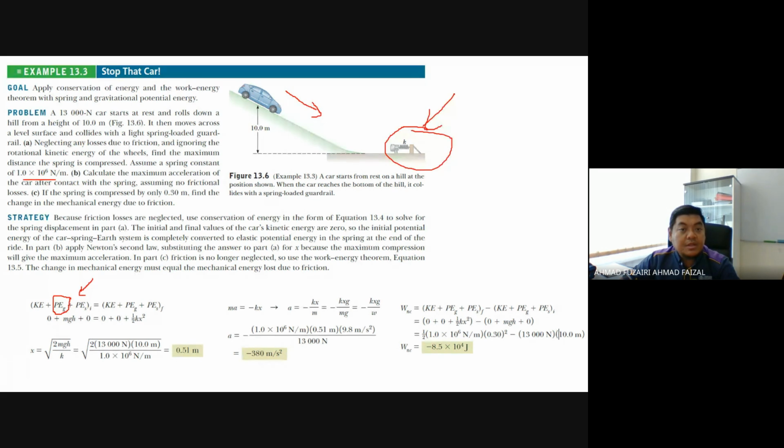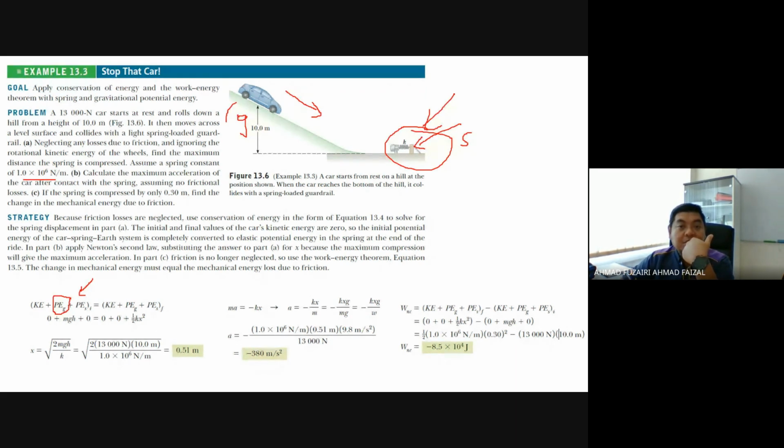So this is the potential energy from gravity, the gravitational potential energy. But here we have a spring. That means the kinetic energy, the outcome, started from the gravitational potential energy, and it goes to an elastic potential energy.